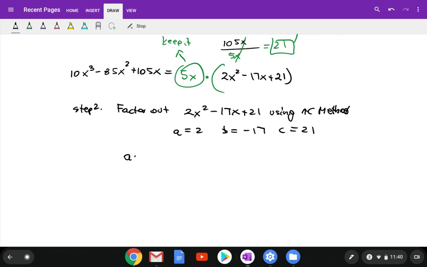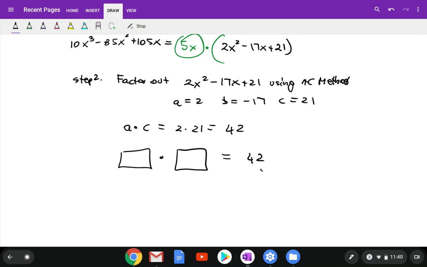First we multiply A times C. We're getting 2 times 21, which is 42. Then we're looking for two integers which by multiplication will give you 42, which is AC, and the same two integers by addition will give you B, which is negative 17. That's our B. So we have to check and see what's going to work.